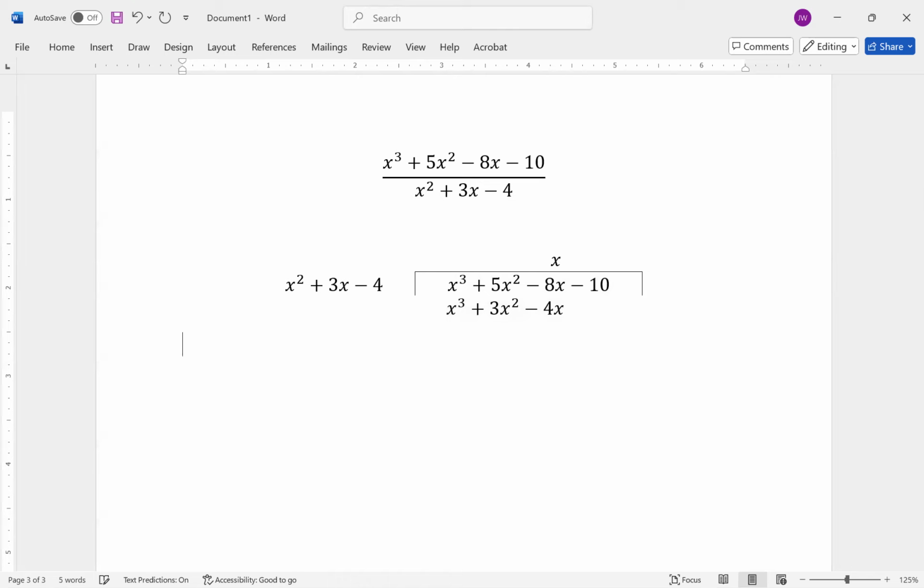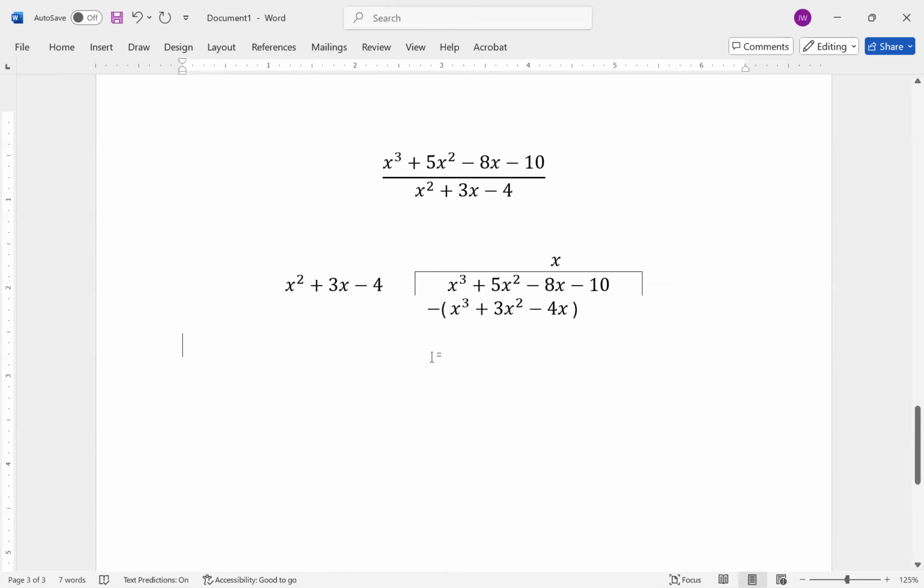Now I'm going to subtract this entire polynomial. Again, if I were a little better with this, I could have aligned it a little nicer.